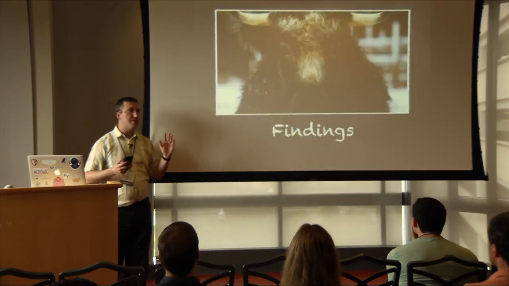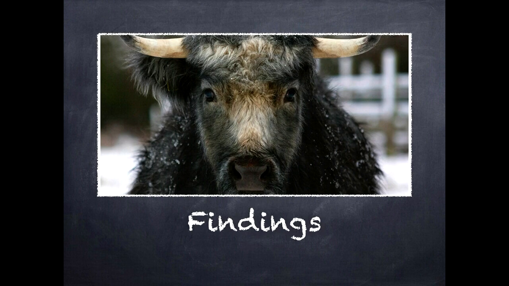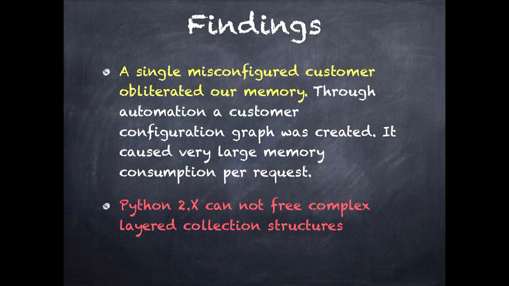So after using that tool and playing with a few other things, we had some findings of where it was actually going down, and then we started investigating what is happening in the code that was causing this. One of the things that happened: we had a single misconfigured customer.